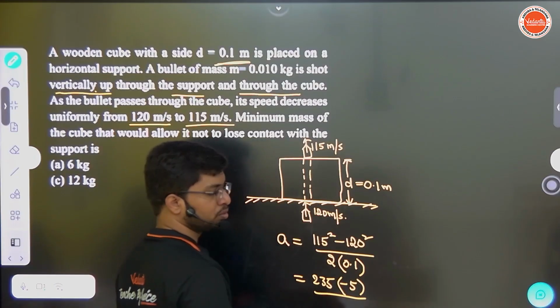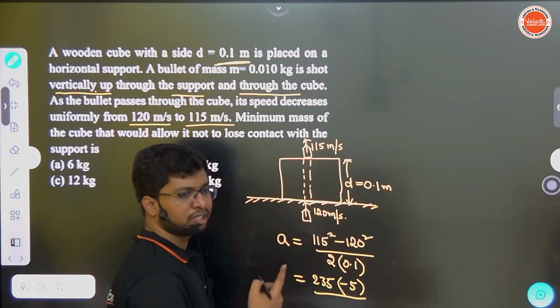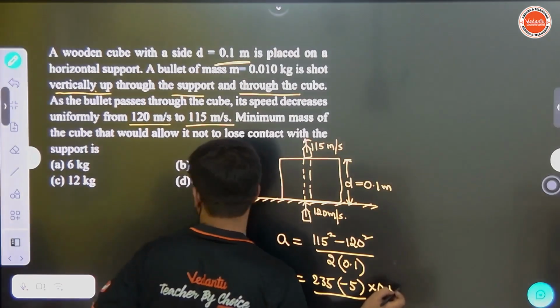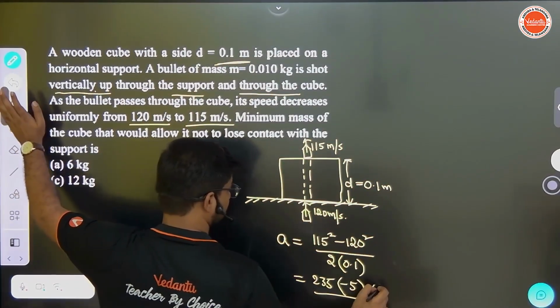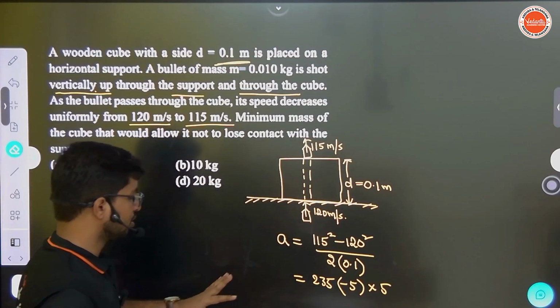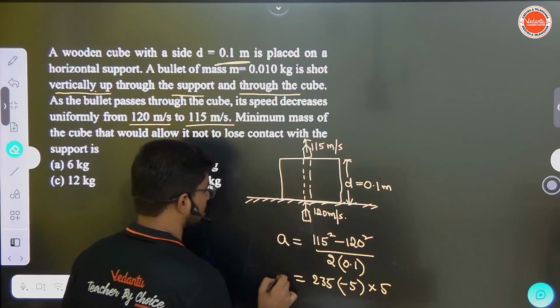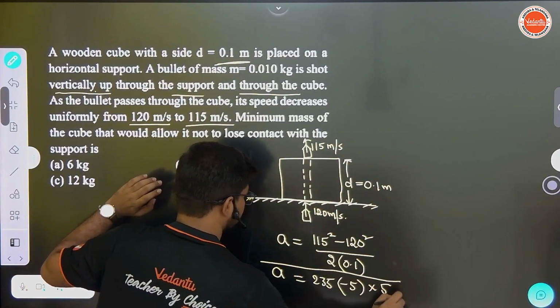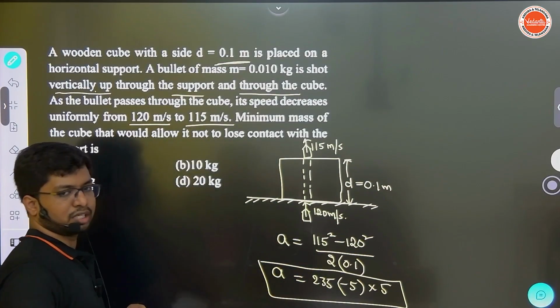What is 1 by 0.2? 1 by 0.2 is nothing but 5, right? So multiply with just 5 here. Clear? Just keep this. So this is the acceleration, or sorry, ideally this is the deceleration.